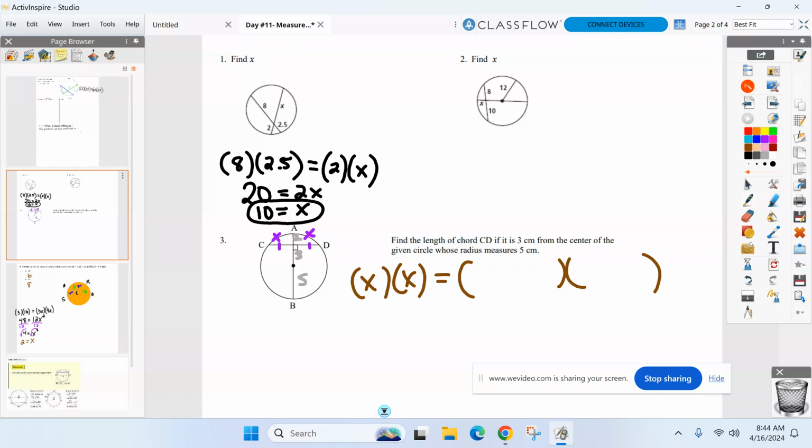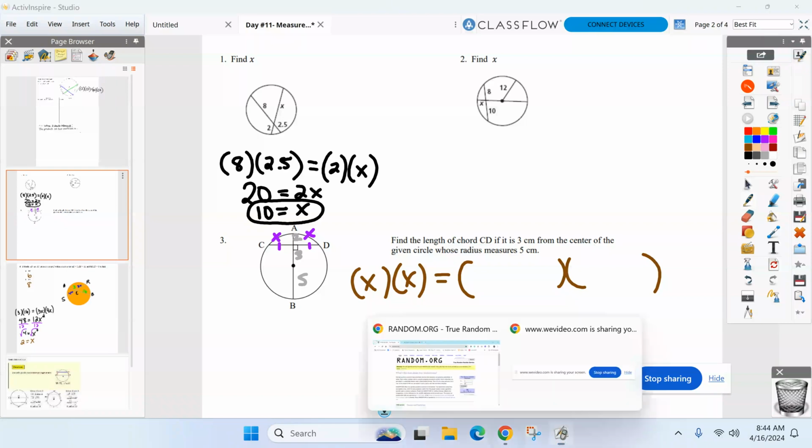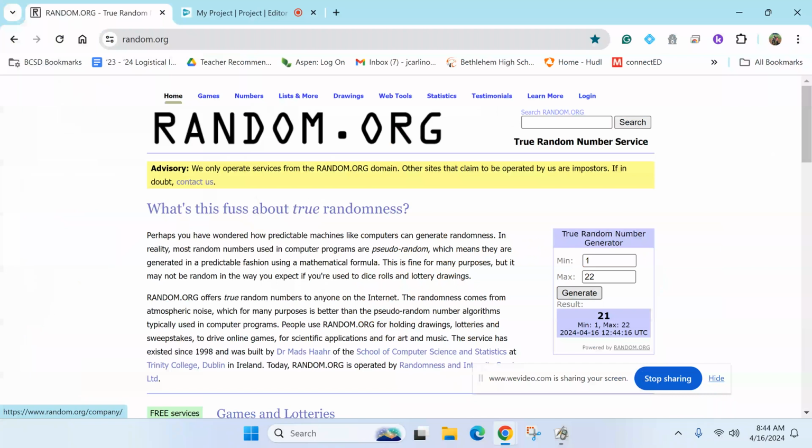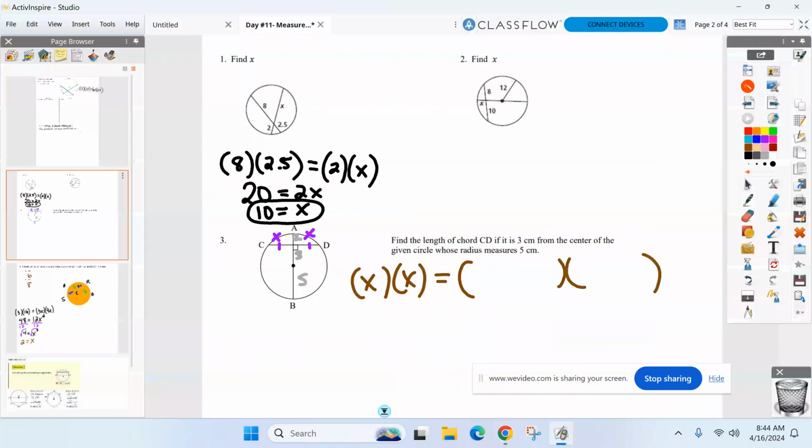So tell me what the length is on each side. It's not 3 things I'm multiplying. It's only 2. So chord AB is broken up into what? 2 parts from its intersection point. Here we go, Charlotte. What's one length? 2. Ready? I'll highlight it as she does it. 2 right here, this part, times the other part.